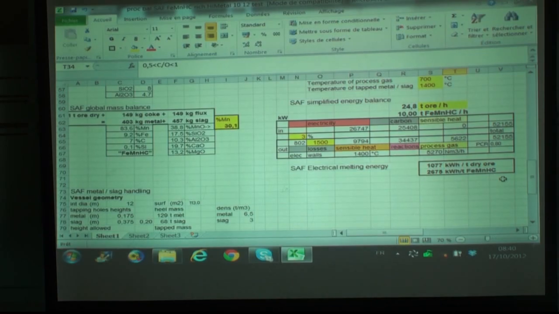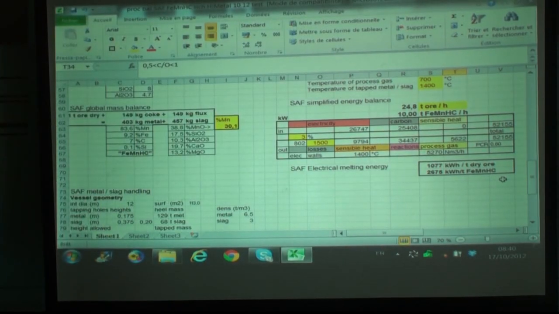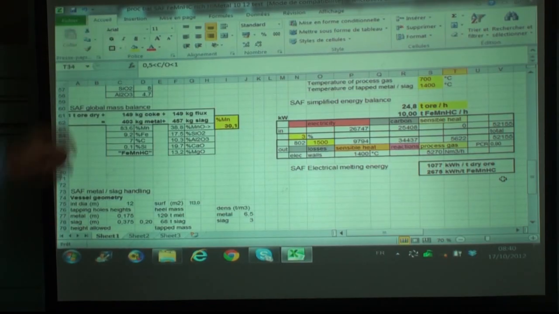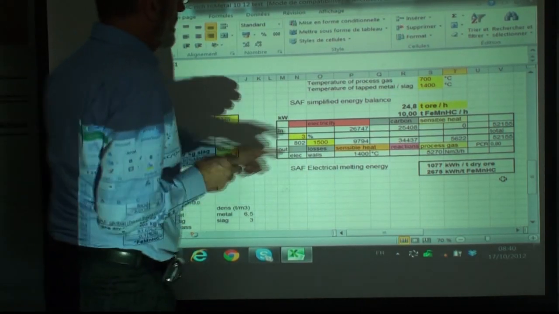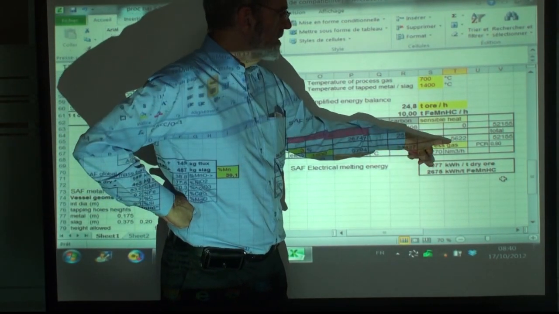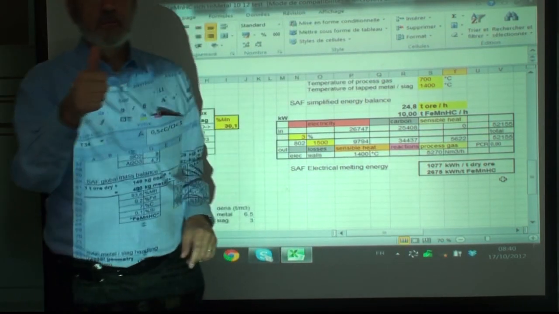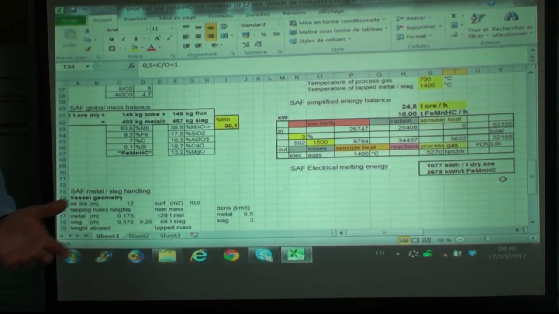You agree? And what I want to show you is that if you change the PCR, the difference does not change so much. Look, here the difference is 25,400 and 5,600. Roughly, the difference is 20,000. Agree?